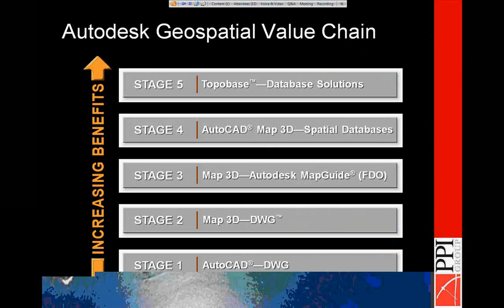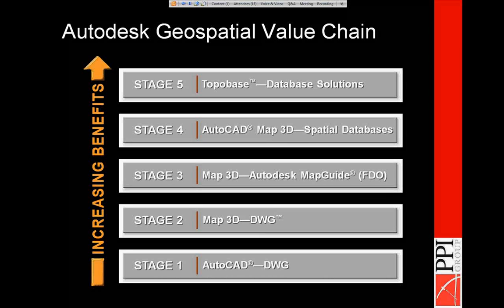So here is the value chain, and again, this is the productivity series that we've been working through in these webcasts, and this is the third in the series. We started out at stage one. We talked about AutoCAD, and some of the tools that Map gives you in stage two above AutoCAD that you see productivity gains from, things like drawing cleanup, the ability to query and attach source drawings, things of that nature.